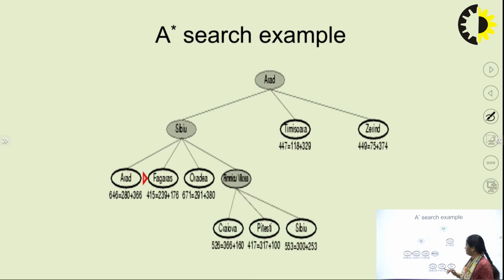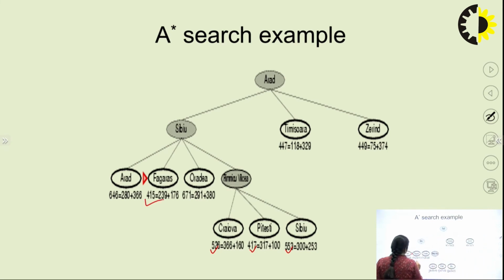After expanding this node, we are getting further neighbors of Rimnicu Vilcea, that is Craiova, Pitesti and Sibiu. Now when we explore these, we find costs 526, 417, 553. Now among all the existing nodes on the fringe, which is having the minimum value?